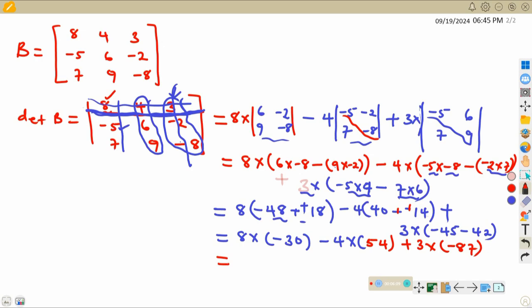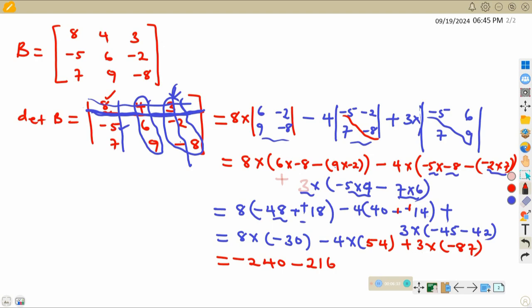So let us try to simplify this one. 8 times negative 30 will give us negative 240. Minus 4 times 54, which gives 216.